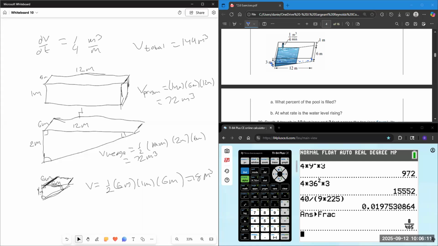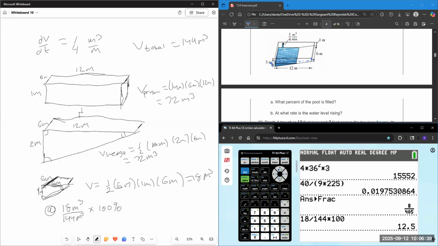With all that information, I'm ready to answer part A that asks me what percent of the pool is filled. So 18 cubic meters divided by 144 cubic meters times 100% is going to be 18 divided by 144 times 100 is 12.5%.